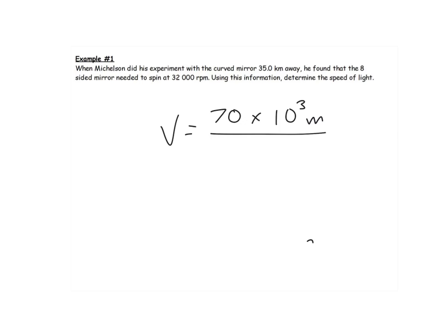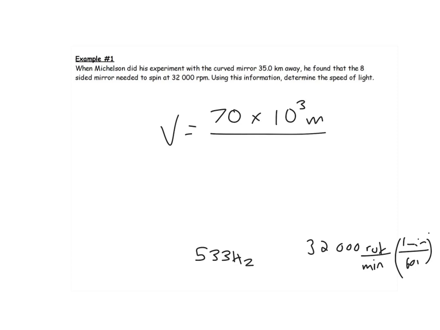So that's 32,000 rotations per minute. And if I want to know the rotations per second, I know 1 minute is 60 seconds. So this is 32,000 divided by 60. So this is spinning at 533 hertz.